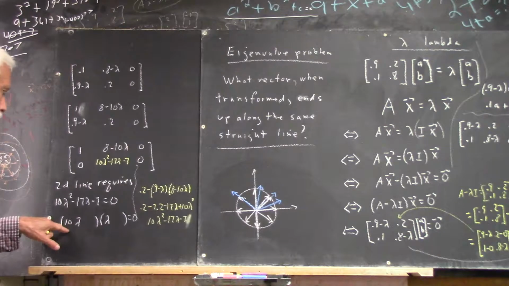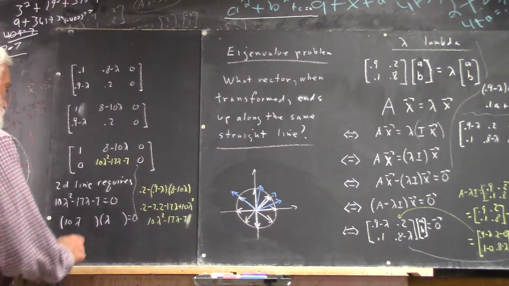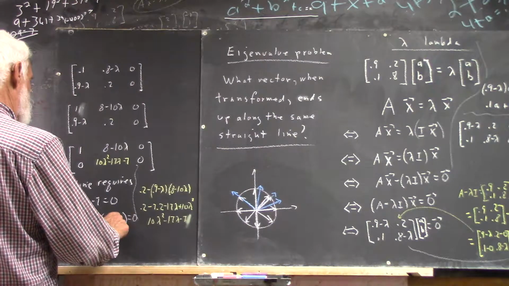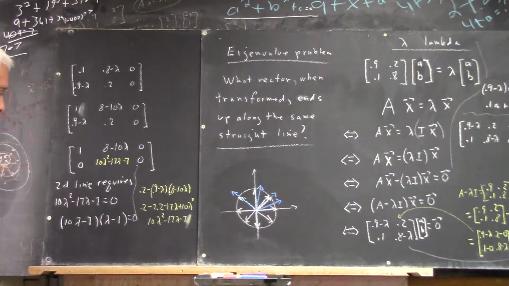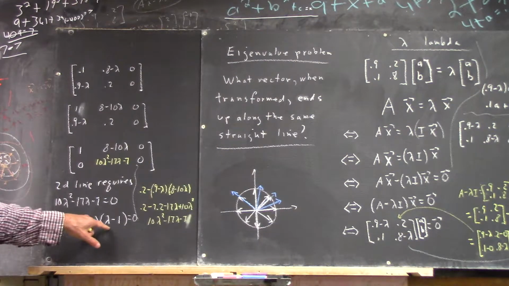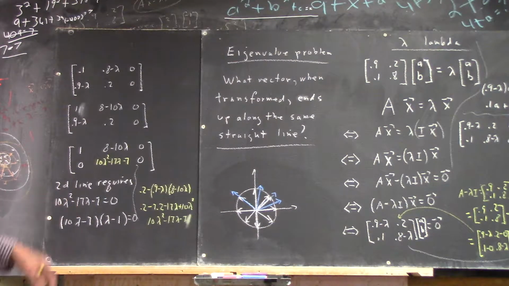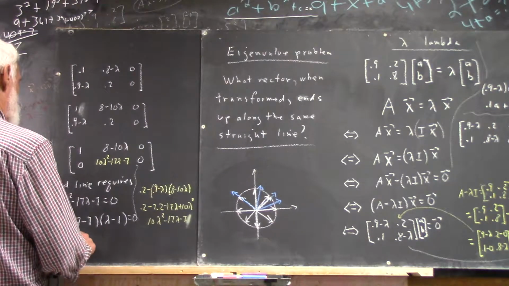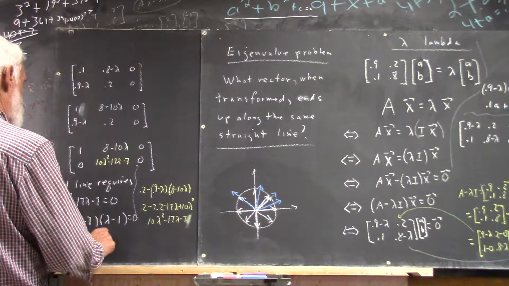You get factors like this: 10 lambda minus something, lambda minus something. And this is going to be minus 7, and this is going to be minus 1. Because that gives you negative 10 lambda and negative 7 lambda, which is negative 17 lambda. But when you get to your matrices, it's not going to be as nice. I don't think you're going to get anything that you can easily factor. Okay? This one's fairly easy. Actually, you will, but you might not recognize it.